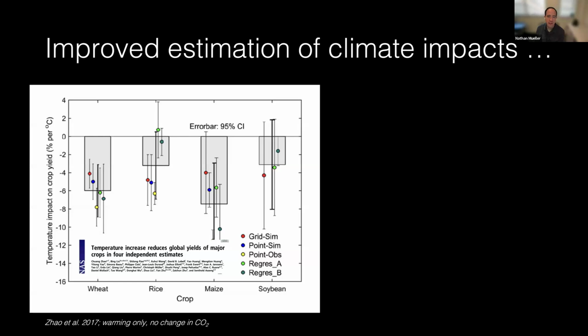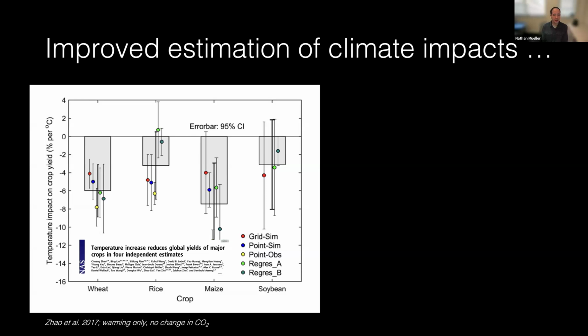All right. So when it comes to knowing what the impacts of climate change on agriculture are going to be, there's been a ton of relevant research out there, and I just threw up this graph here. This is not a paper that I was involved in, but I think it did a nice job of showing some of the different approaches that are out there, from gridded simulation models, point level simulation models, to different statistical models.